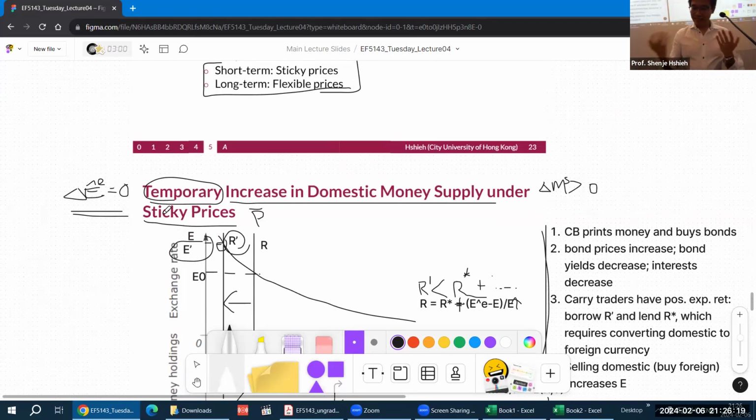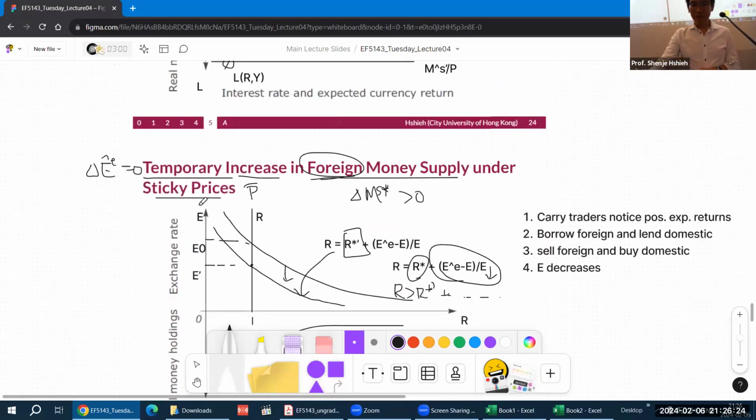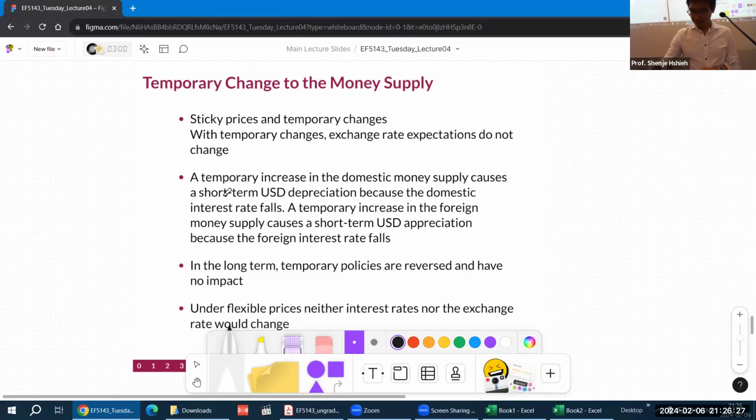I've told you economics is very, very logical, linear. So things get a little bit complicated when we talk about permanent stuff. So let me just review a temporary change in money supply. Temporary means that the policy will be undone, reversed, before we get to the long-term analysis. I don't tell you what that timeline looks like specifically. All I'm saying is that there's a division in which we analyze things in the short term and a period of time in which we analyze things in the long term.